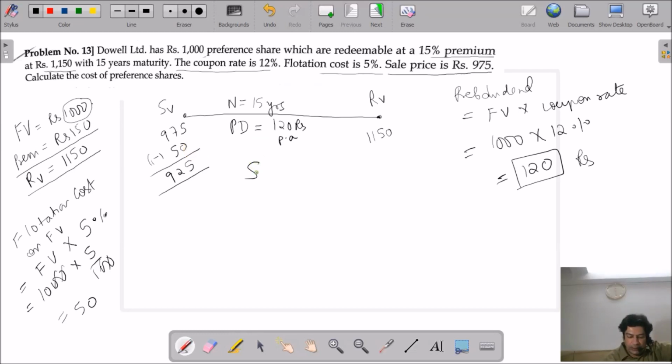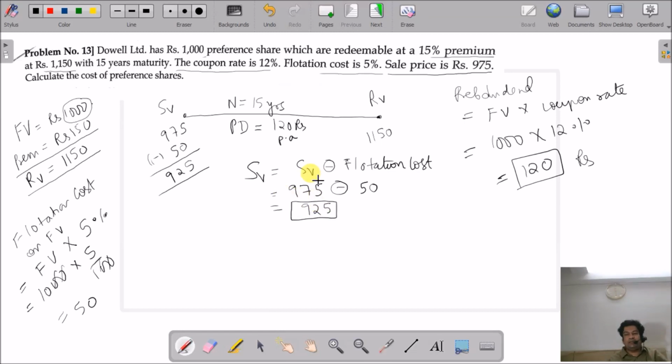So I will write sale value minus the flotation cost. This we have to write. So our sale value is 975. Out of that we have deducted 50 rupees as flotation cost. So 925 is something which I have received by selling one preference share.